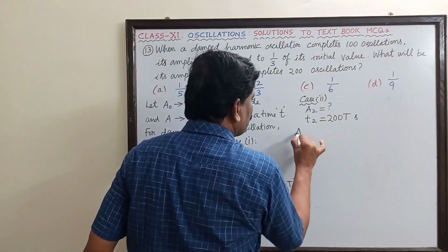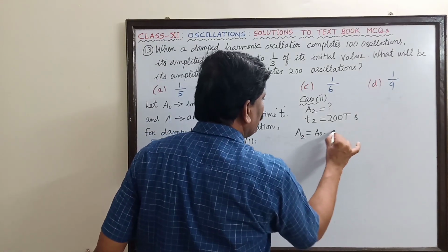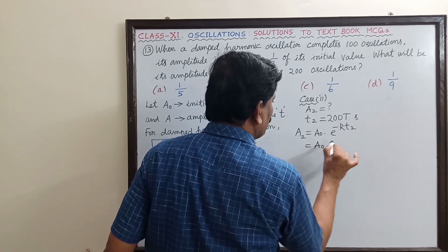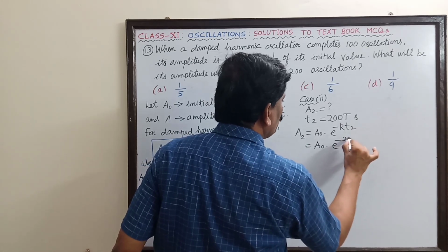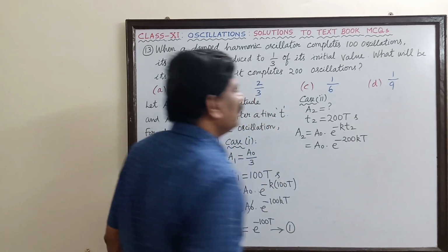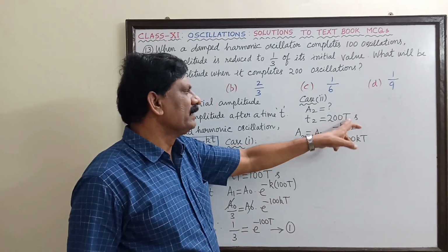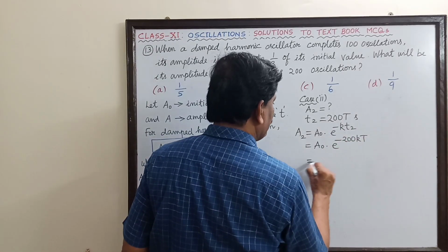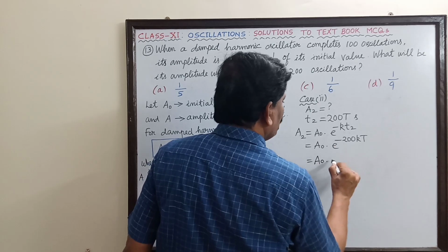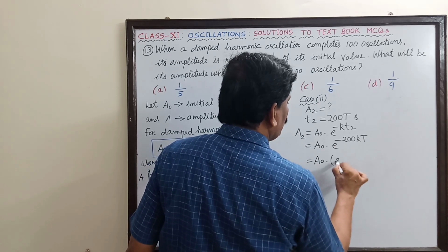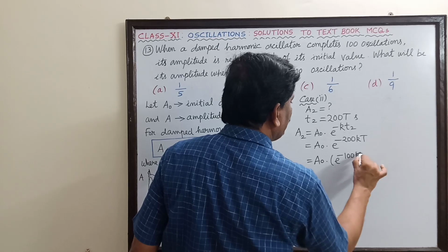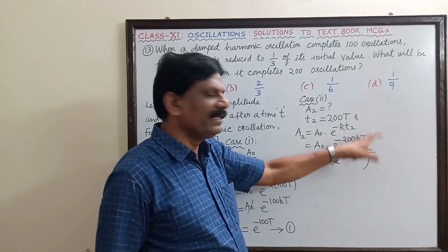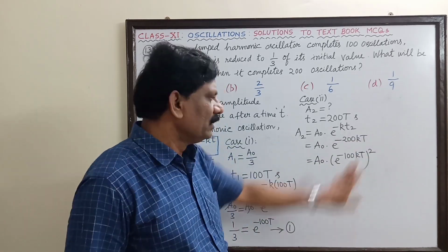So A2 is equal to A0 into e power minus k into t2, which is equal to A0 into e power minus 200 kt, because t2 is equal to 200 t. This can also be written as A0 into e to the power of minus 100 kt, the whole square, since 200 kt is 100 kt twice.